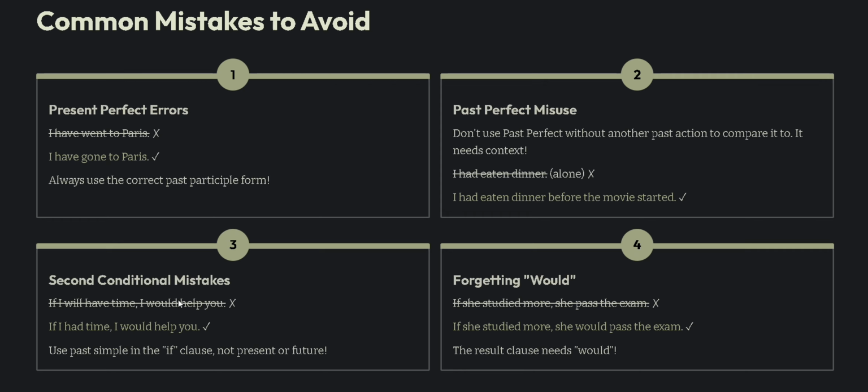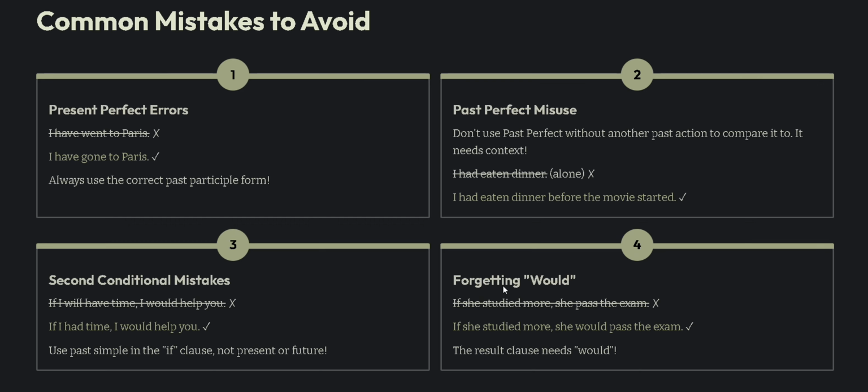Second conditional mistake is that most of the time you can say if I will have time, si yo hubiera tenido tiempo, but this is wrong. If I won, you need to put here in the second conditional the past simple, and then the would, because you use past simple in the if clause, not present or future.